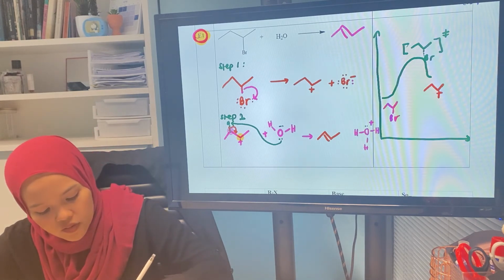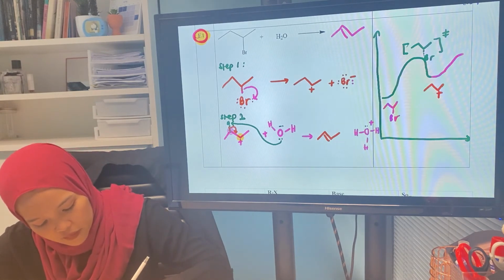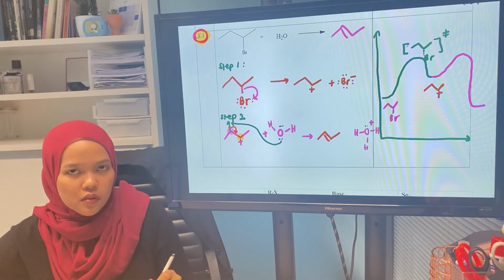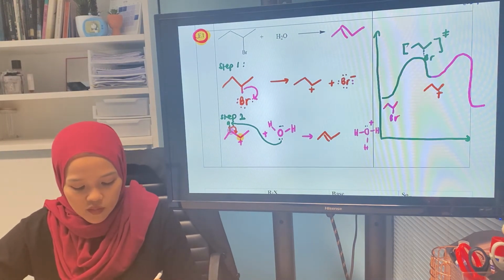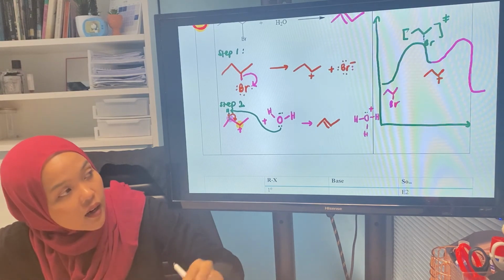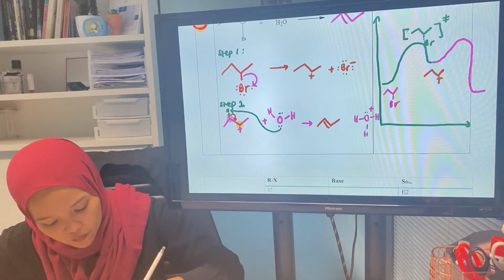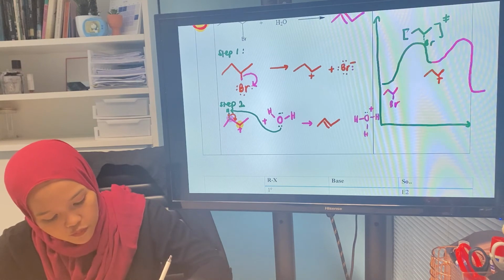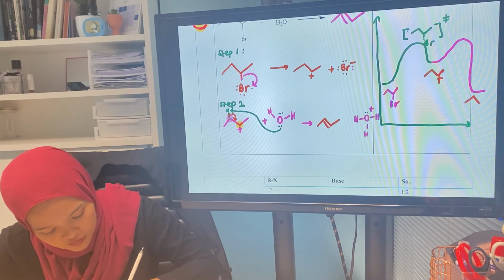Next, the second step. I just draw it like that. In the second step, the carbocation reacts with the water to form the product, which is this one.